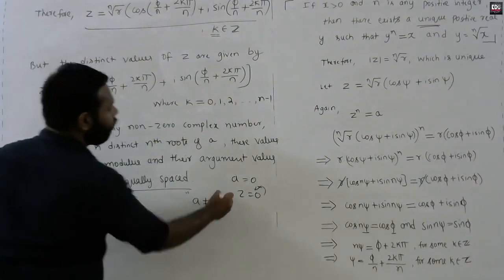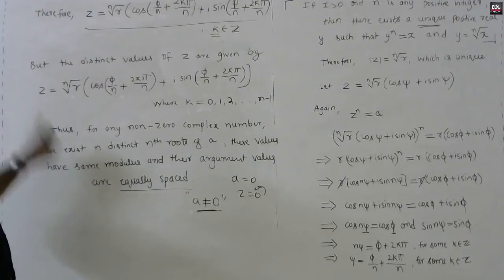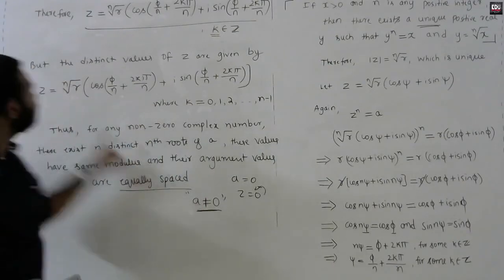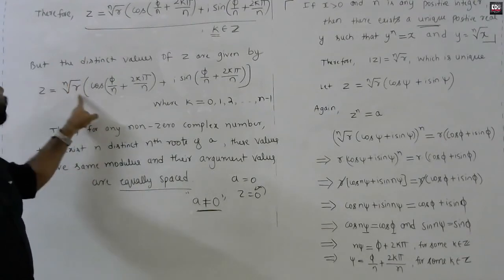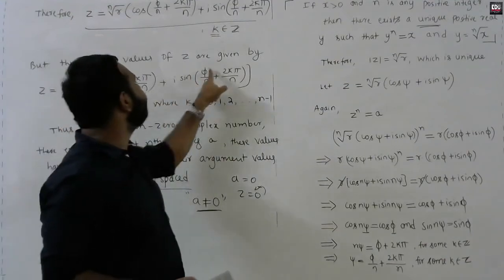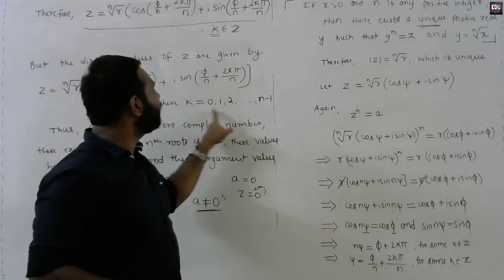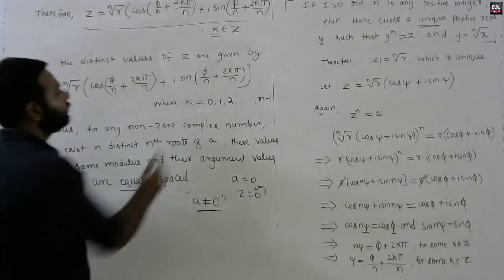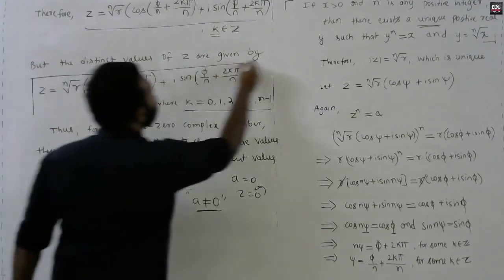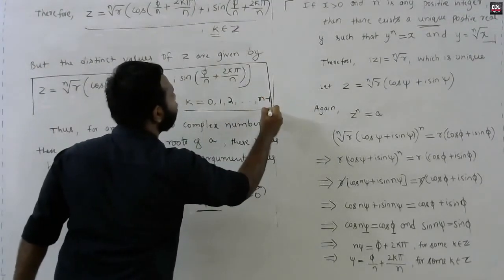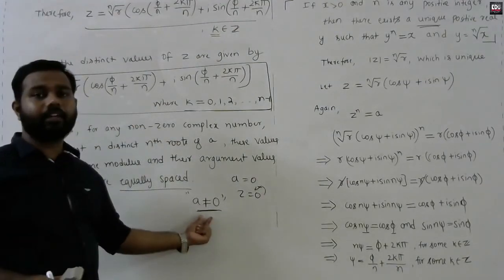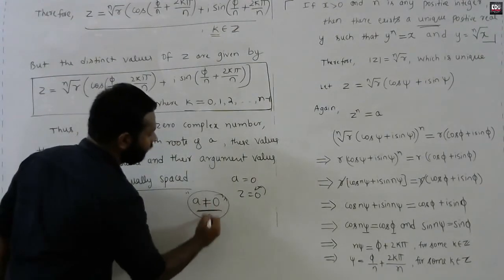For any non-zero complex number a, the n distinct nth roots of a are z equals nth root of r into cos of phi by n plus 2k pi by n, plus i into sin of phi by n plus 2k pi by n, as k varies over these values. These are the n distinct nth roots of a given non-zero complex number a.